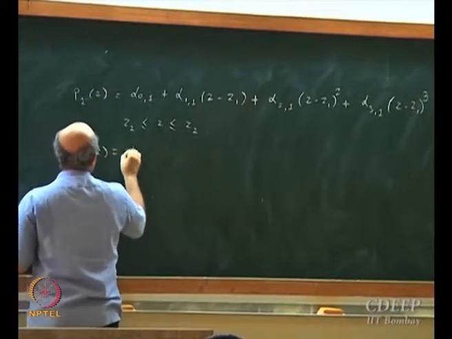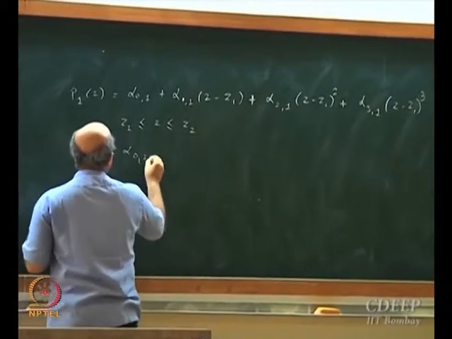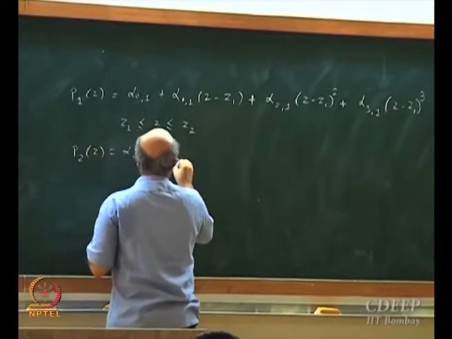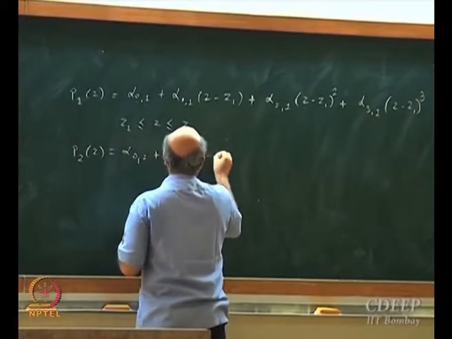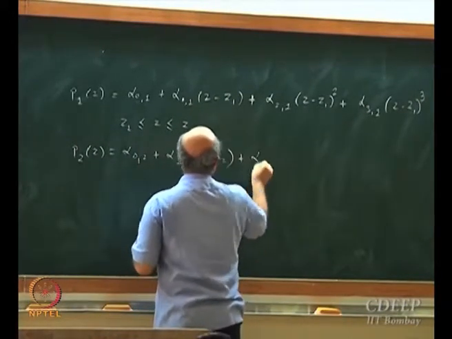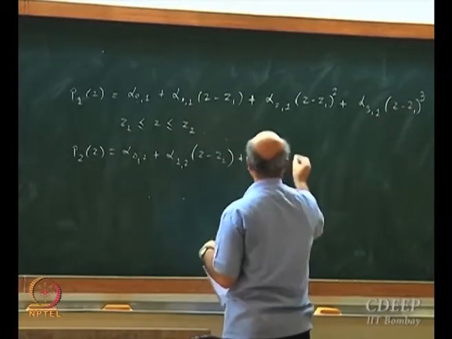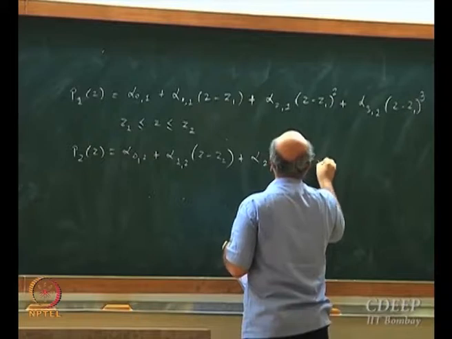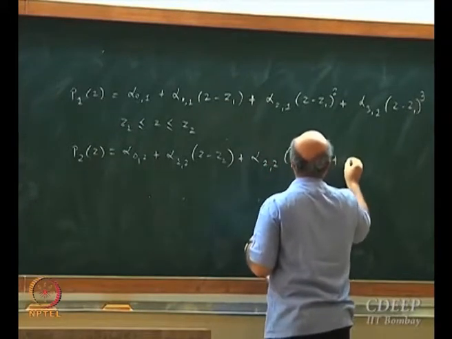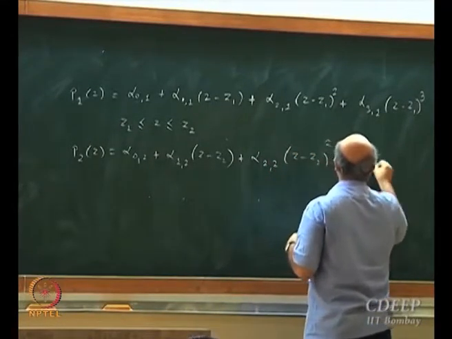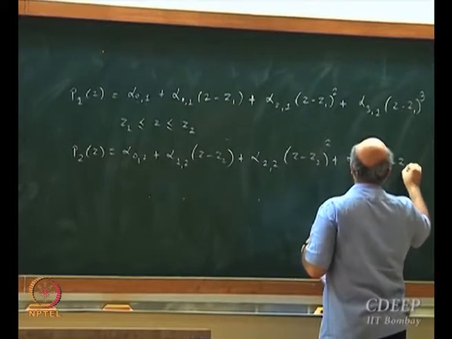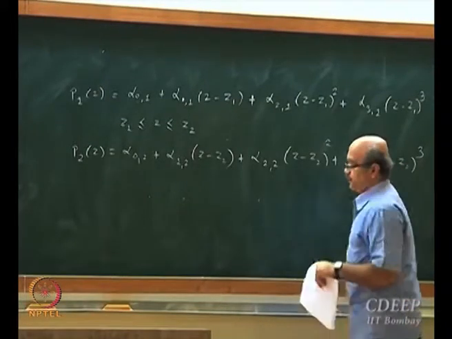P2(z) is alpha 0,2 plus alpha 1,2 (z minus z2) plus alpha 2,2 (z minus z2) square plus alpha 3,2 (z minus z2) cube.